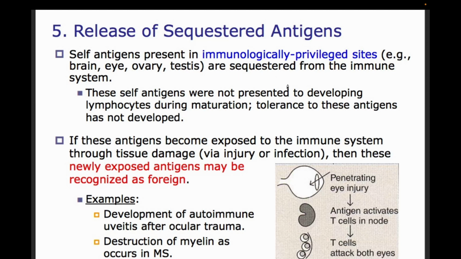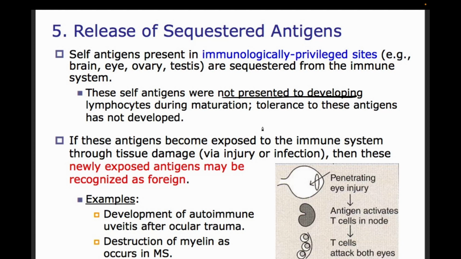Basically, they contain antigens and proteins that were not presented during the selection of the lymphocytes during maturation. So basically, no education happened. The T lymphocytes and B lymphocytes did not know that these are self-antigens, so they consider them foreign.